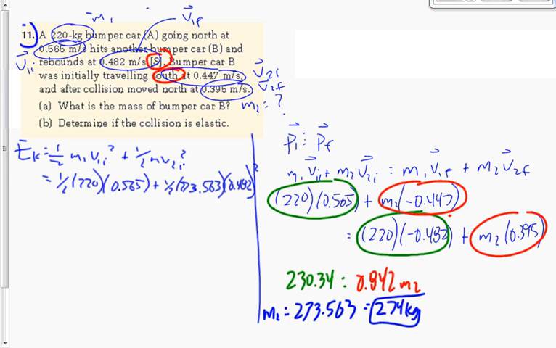Have I missed anything there? Is that 0.482 correct? Should it be negative 0.482? No, we're talking about speed, a scalar. Don't put in the negative. We get a number there. I'm not sure what it is.